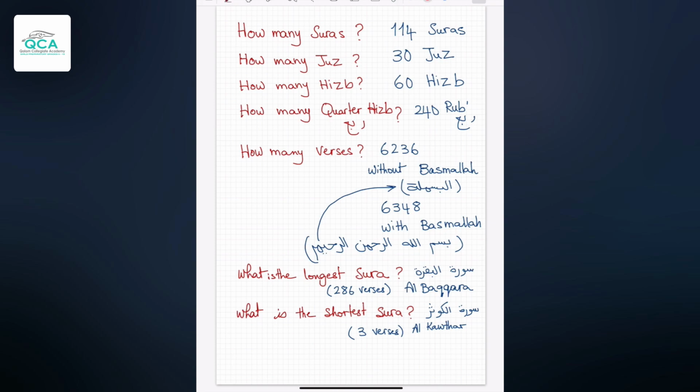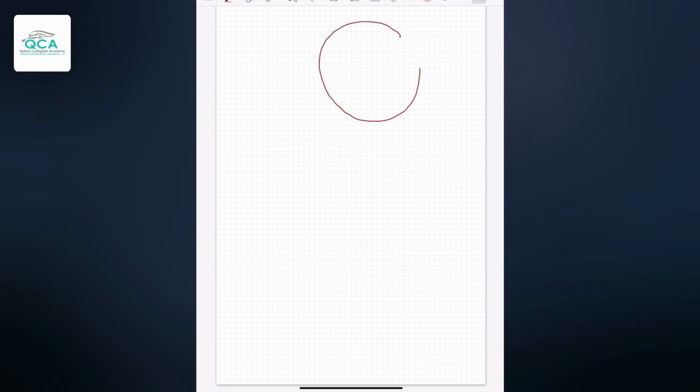Now, I mentioned earlier the hizb, the ruba, the juz. What are these terms and what do they mean? So let's take a look at how the Quran is divided. If I draw a circle like this and divide it into 8 sections, we number them 1, 2, 3, 4, 5, 6, 7, 8.